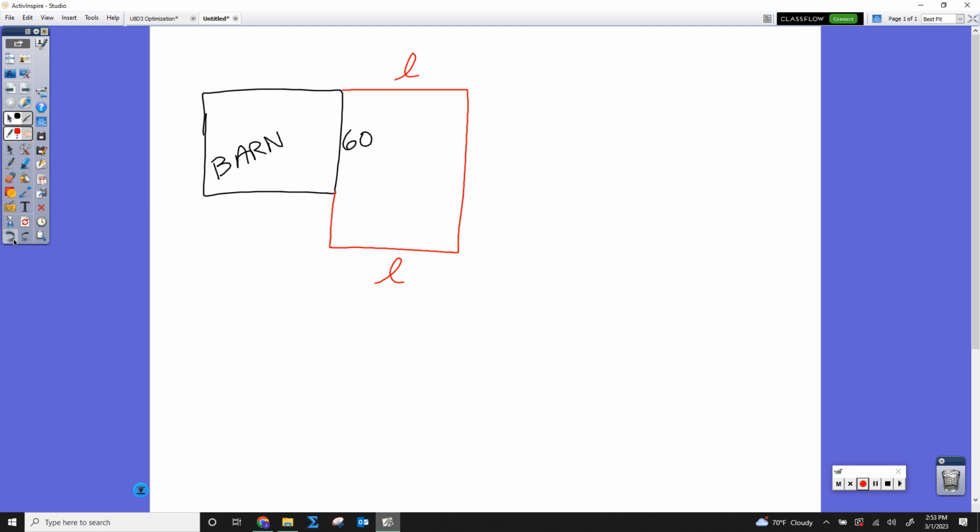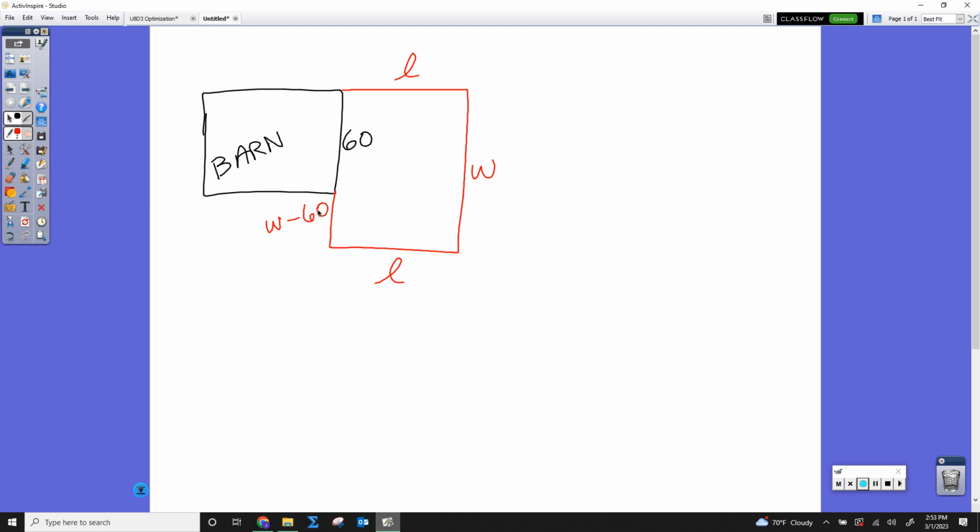They'll just call this some variable length, so we'll call it x. Well, if that's x, then this entire length over here is x plus 60. Either way works. It's going to give you the same answer. It's just what we're labeling as a variable. But let's go back to our original one, which is the most common. People will call this a width, which means the leftover part is width minus 60.